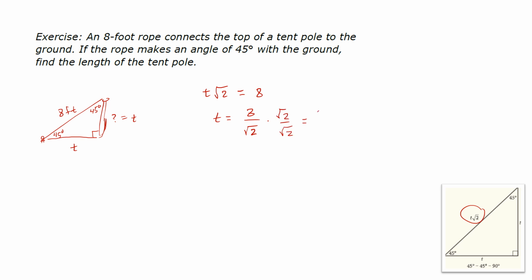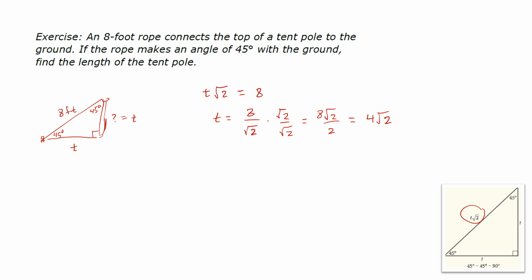And that simplifies to 8 square root 2 over 2, which I can simplify some more because 8 divided by 2 equals 4. So that means t equals 4 square root 2. So the two legs of our 45, 45, 90 triangle are 4 square root 2 feet.